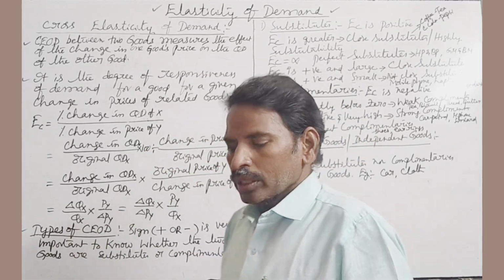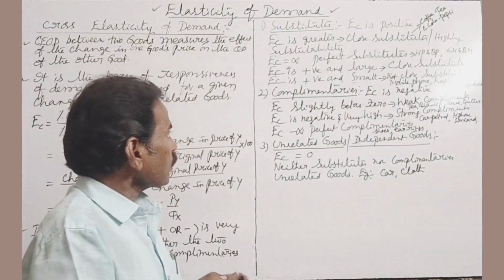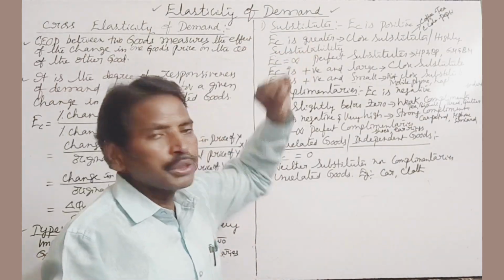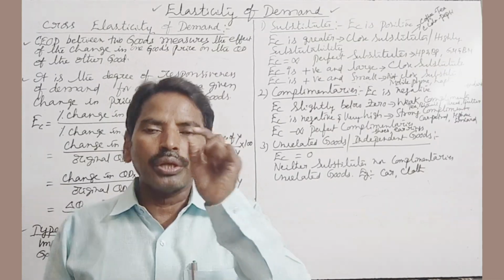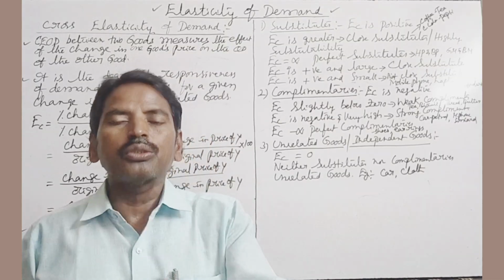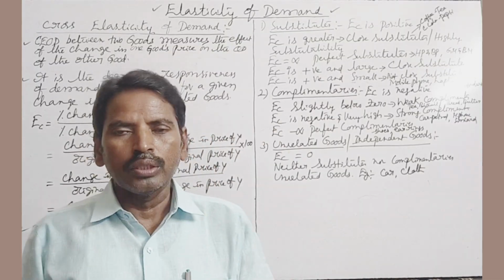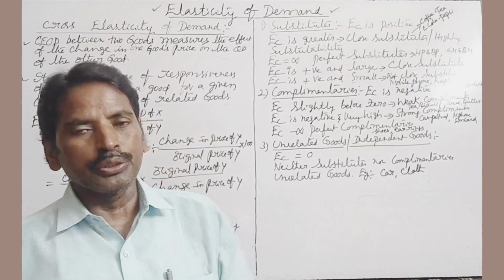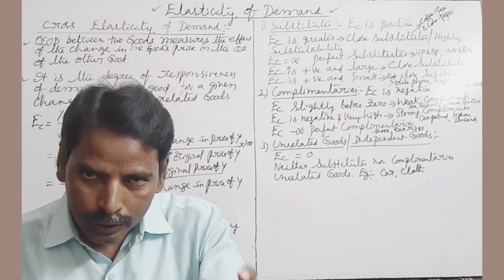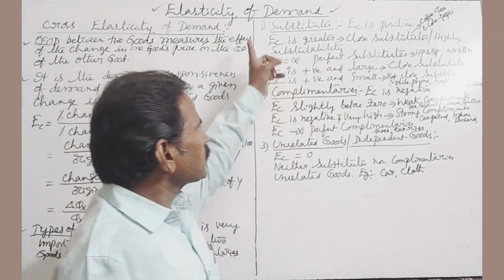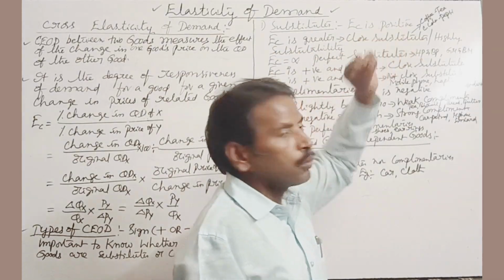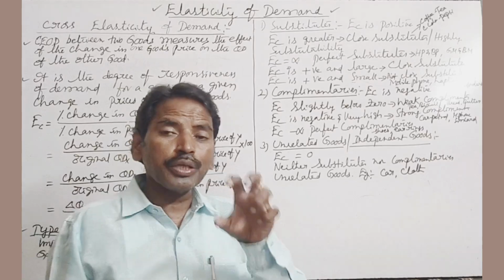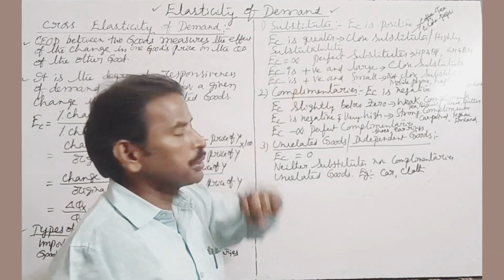Next, one is substitutes. Substitutes are those goods which are used one for another to satisfy the same want. Coffee and tea are substitutes. In the case of substitutes, cross price elasticity of demand is positive.